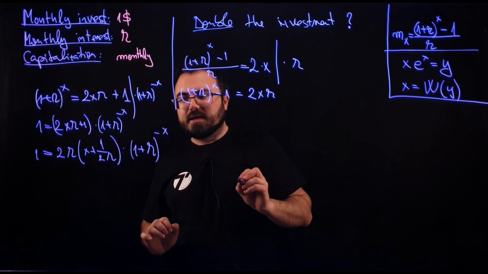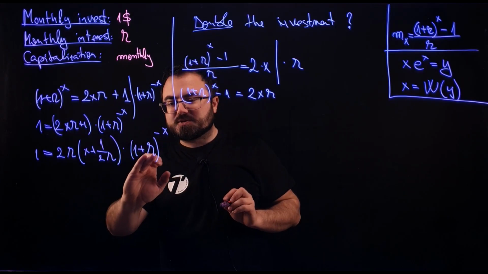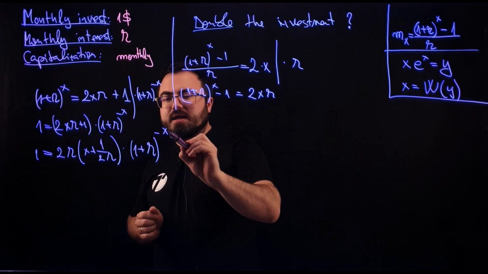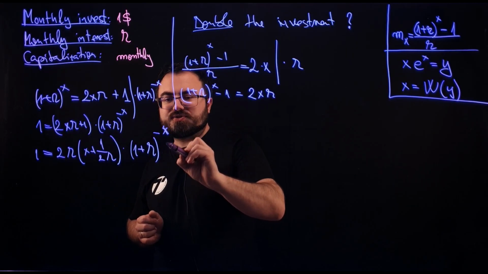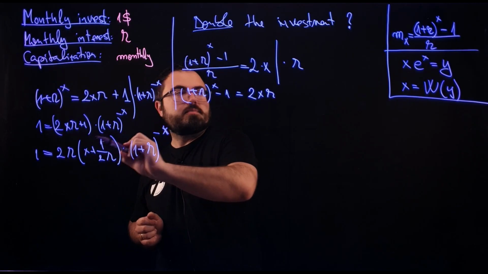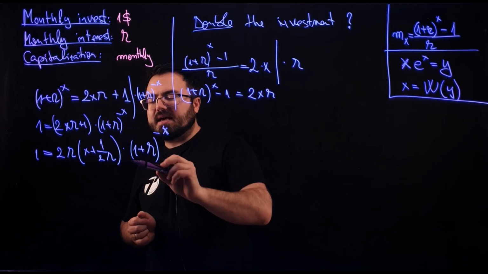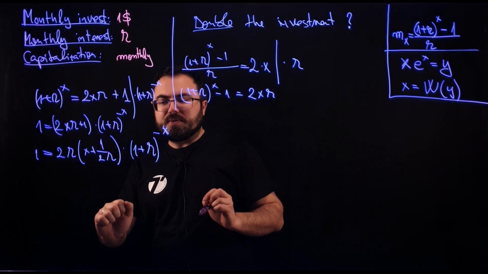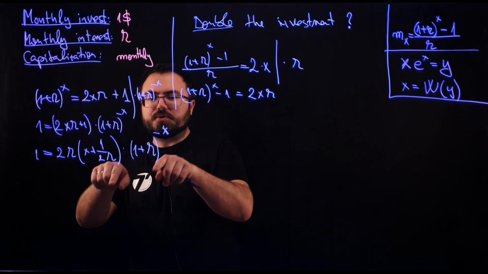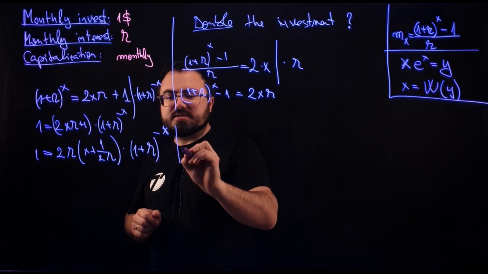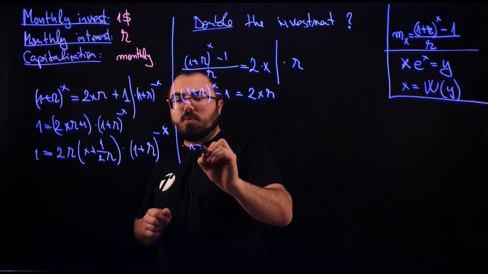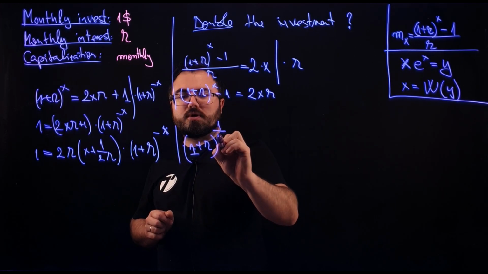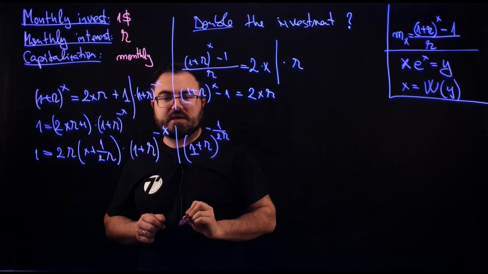Now it looks quite interesting, because we have here an exponential. It's not base e, we'll solve that a bit later. And we have the exponent that's x, and here the other polynomial function x, but with a plus 1/(2R). Now this one we can solve very easily. If we want to have exactly this value in the exponent, we can just multiply by (1 + R)^(-1/(2R)).